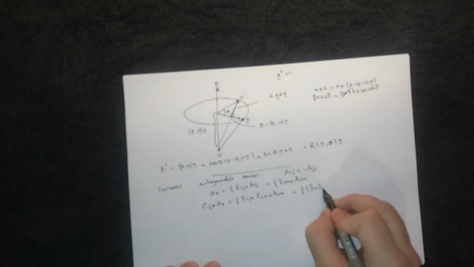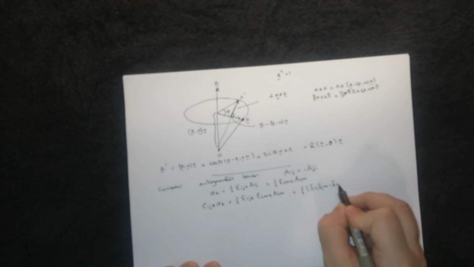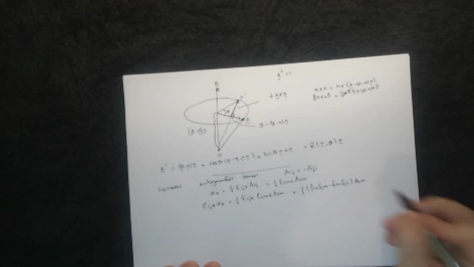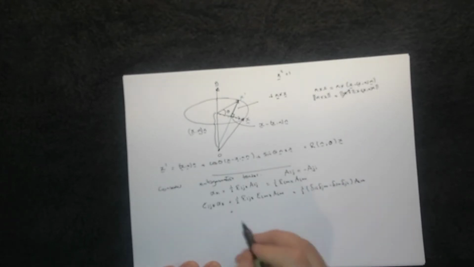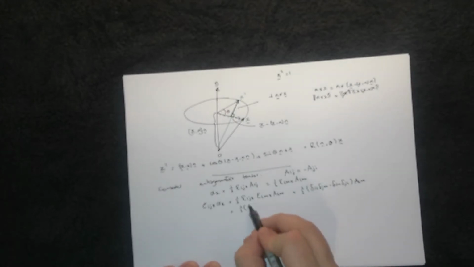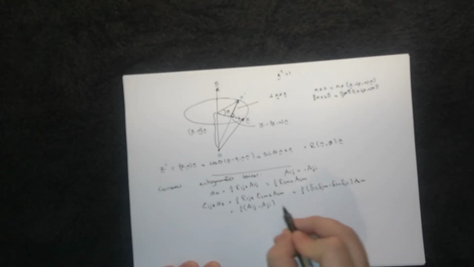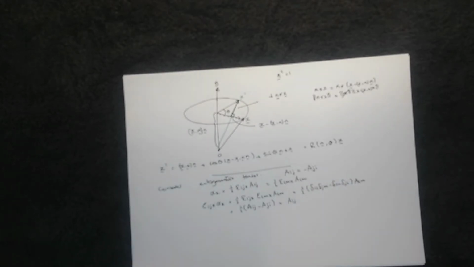It's delta il delta jm minus delta im delta jl alm. And from our result about substitution, the first one replaces the l by i and the m by j, and the other thing is round the other way. But this is antisymmetric, so that's just aij. Okay, so we're going to be using this result in a moment.